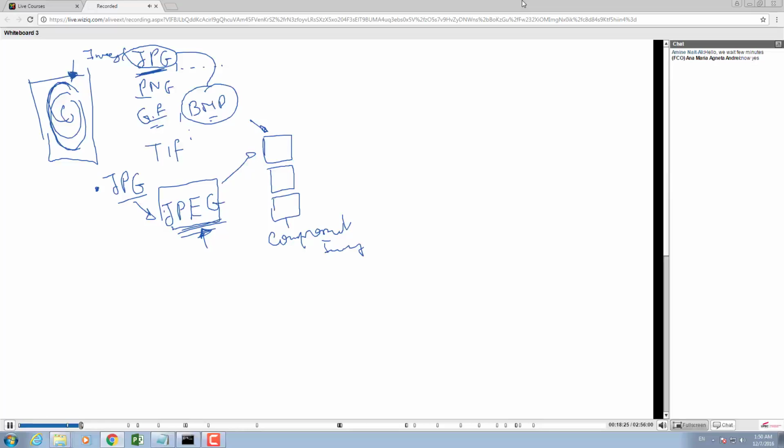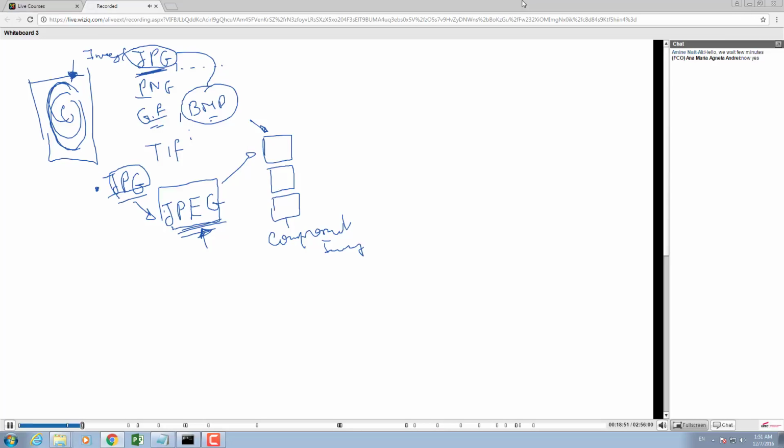But the problem is that you may decrease the quality of the image. And if you decrease the quality of the image and you want to use it for biometrics or something like this, it may be an issue. So that's why it's important to have a look at the format you are using, including also the compression ratio.